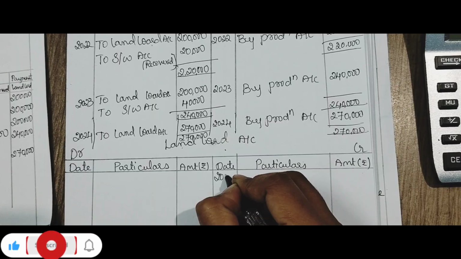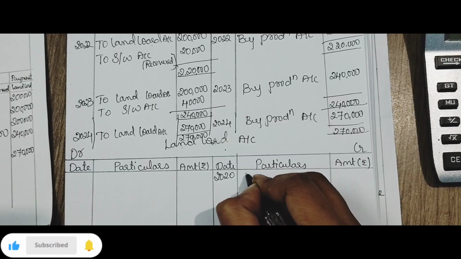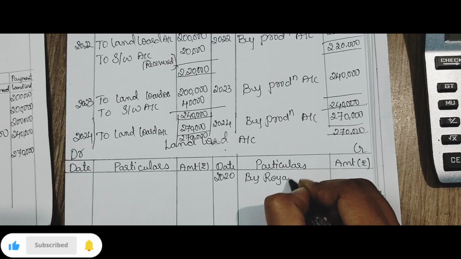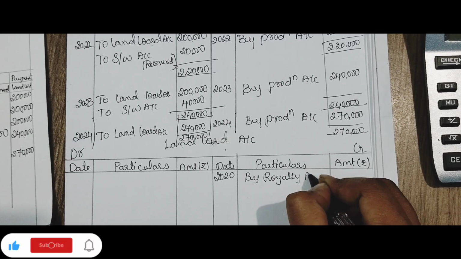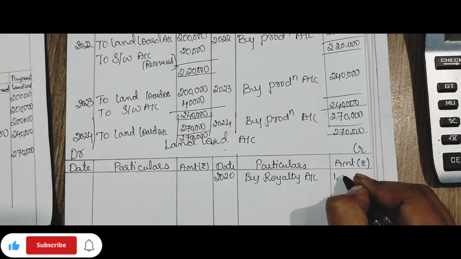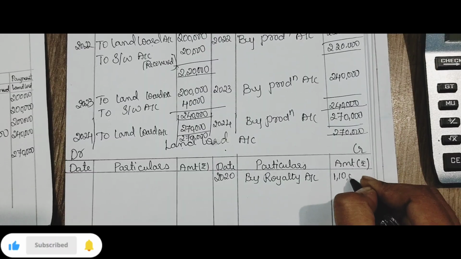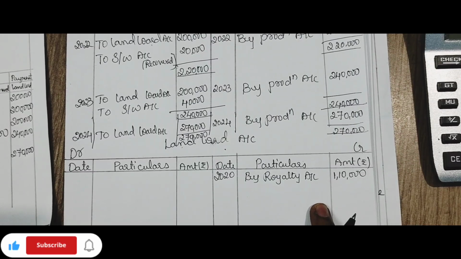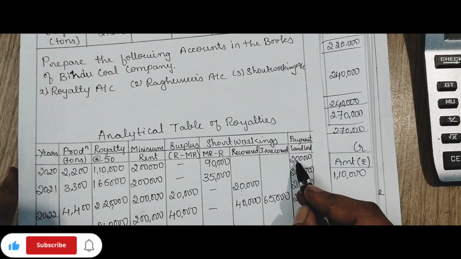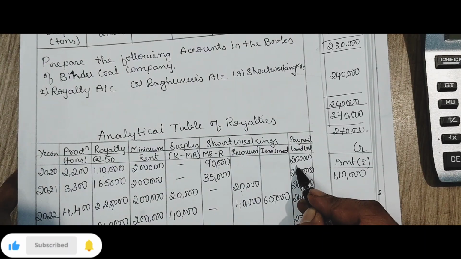For the first year, by royalty account 1,10,000. And here you need to observe, while paying to the landlord, how much you paid? 2 lakh.